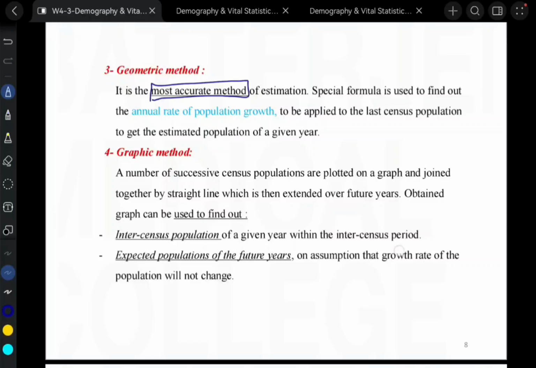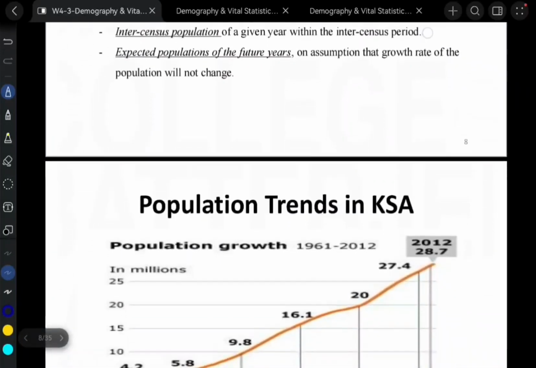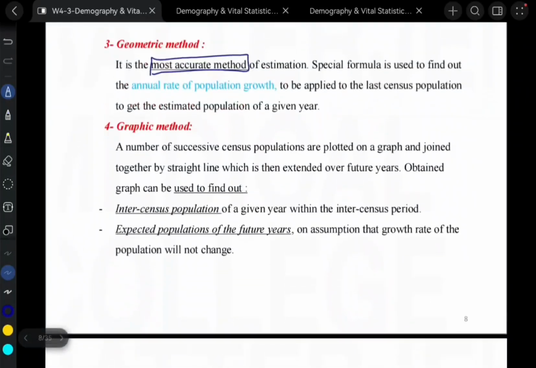Then we have the graphic method. I think this will be explained better here, but let's read what it has to say. In the graphic method, a number of successive census populations are plotted on a graph and joined together with a straight line, which is then extended over future years.